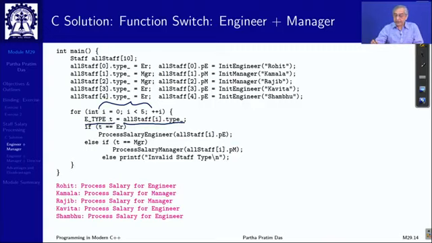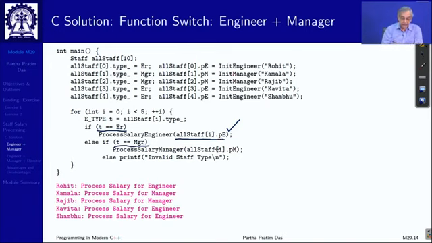So, I check with whatever I have got, I check with ER. If it is true, I know that this is an engineer record. So, I call the process salary engineer with the respective engineer pointer. If it is not, I check whether it is a manager.